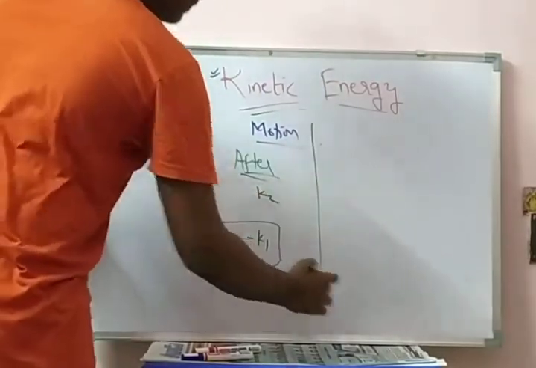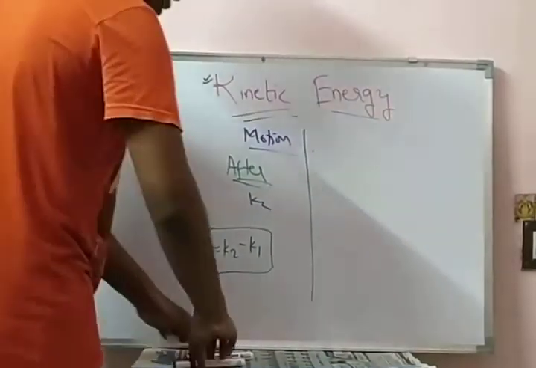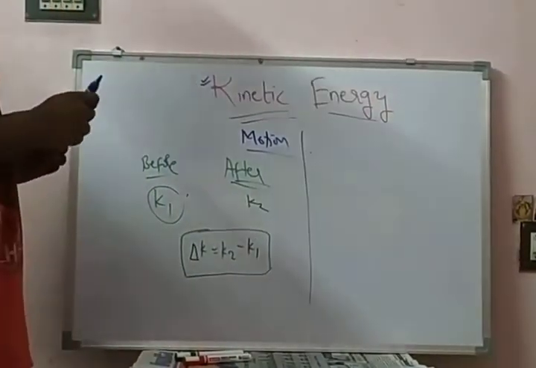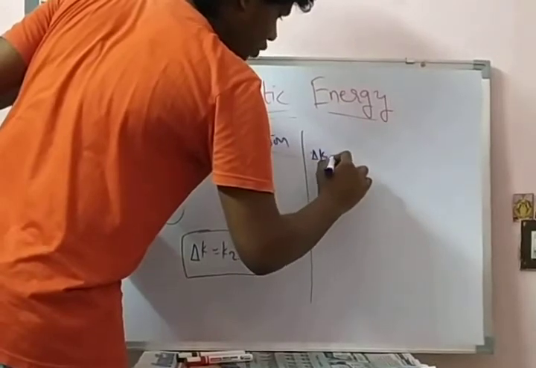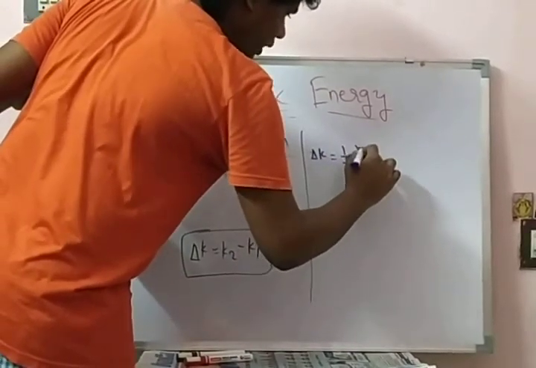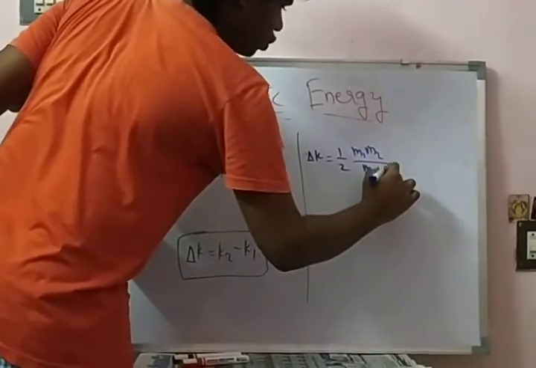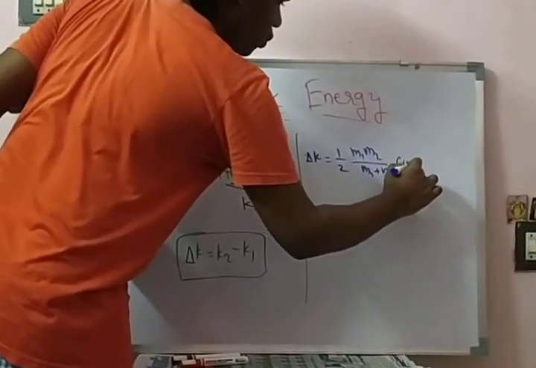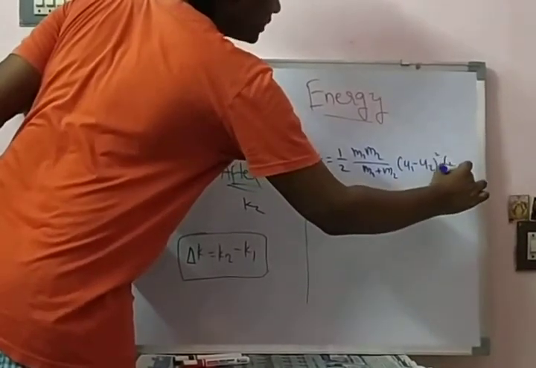But we have to write this in the form of the coefficient of restitution. So the change in kinetic energy is equal to half m1 m2 by (m1 plus m2) into (u1 minus u2) whole square into (1 minus e square).